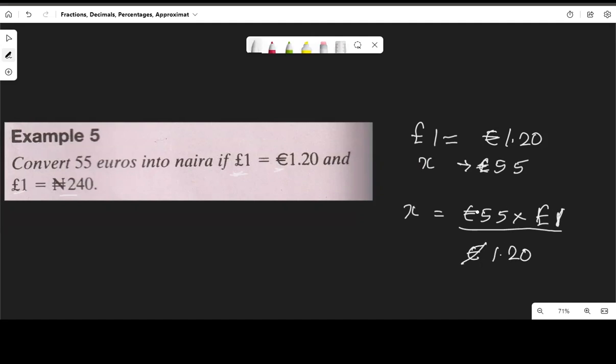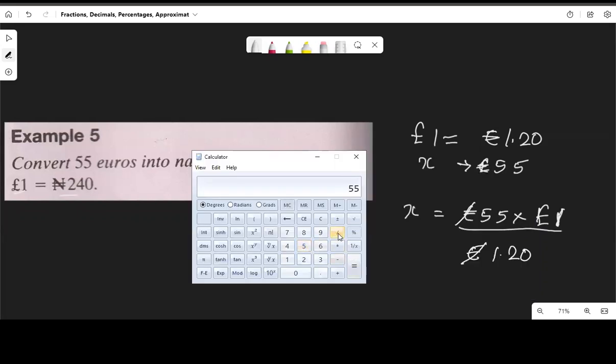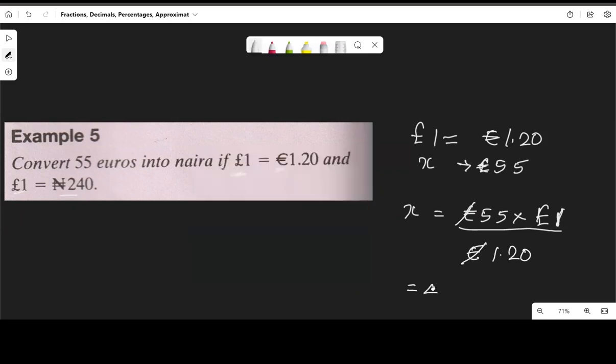Euro will cancel euro. So 55 divided by 1.2 is 45.83 approximately.